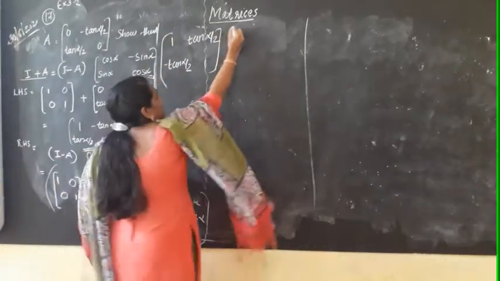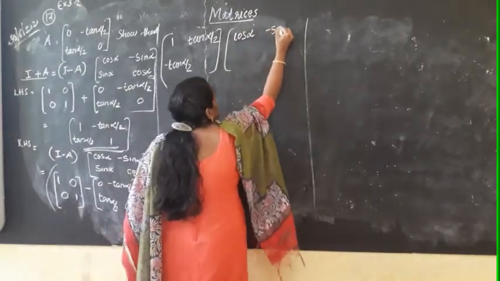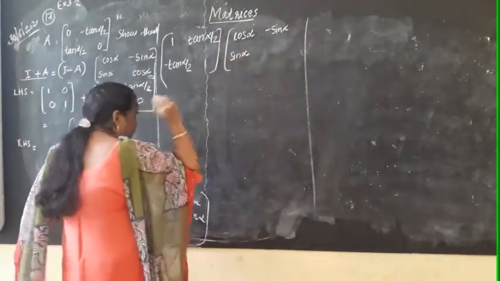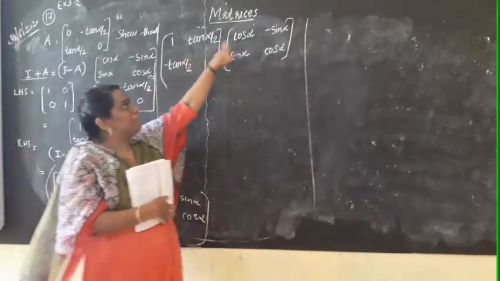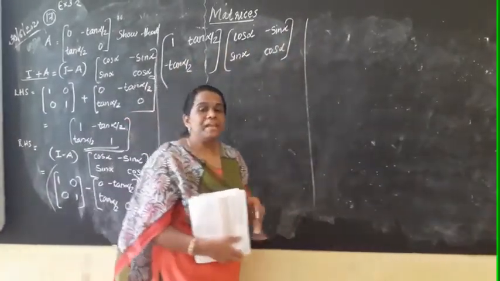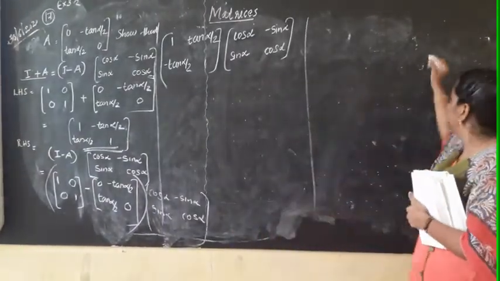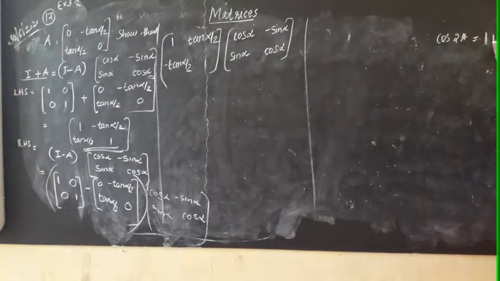Now we wanted to multiply with cos alpha, minus sin alpha, sin alpha, cos alpha. See, here the angle is alpha by 2, here the angle is alpha. We can write cos alpha and sin alpha in terms of tan alpha by 2. Do you remember cos 2a in terms of tan a? Cos 2a is equal to 1 minus tan square a divided by 1 plus tan square a.